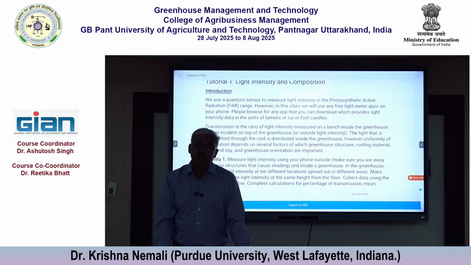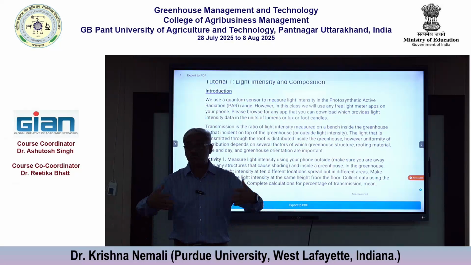But what you will find in a greenhouse is that light transmission is going to be highly variable. Okay, so we think that when I say greenhouse, wow, it's a protected system, it's all uniform. No, it is not. It is not going to be uniform.